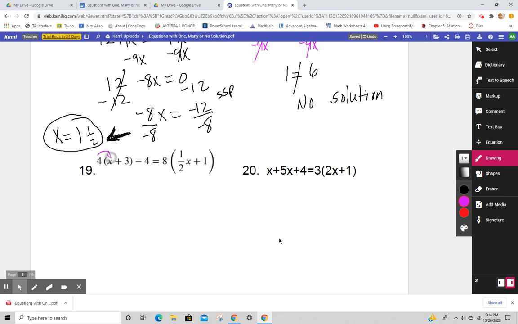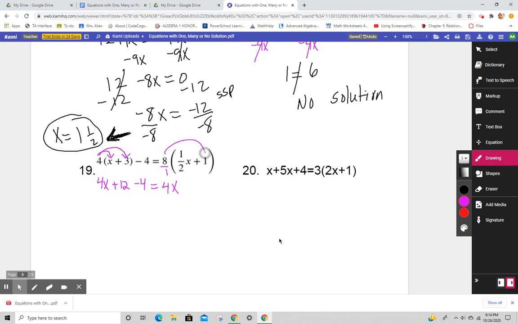So 4 times x is 4x. 4 times 3 plus 12 minus 4 equals 8 times 1 is 8, and 1 times 2 is 2. So 8 divided by 2 is 4, or you could say half of 8, same thing, we're going to get 4x.